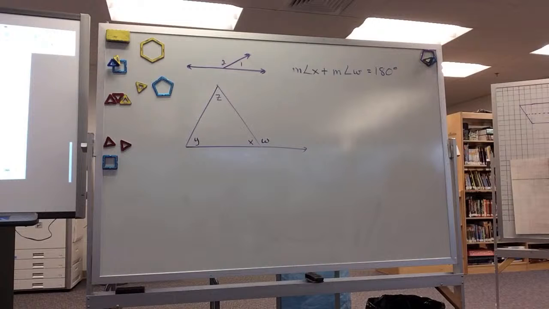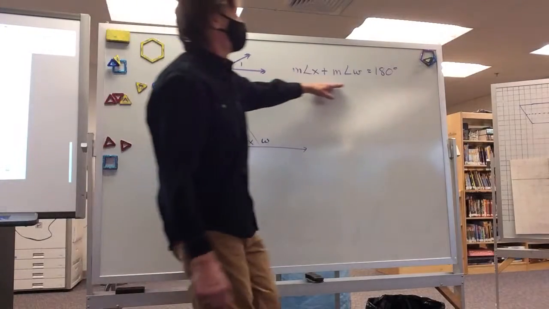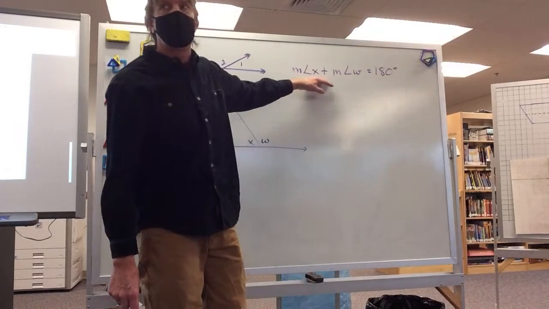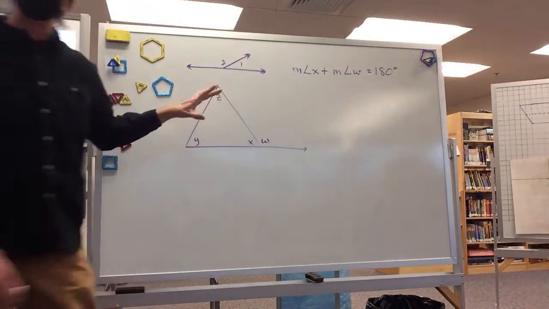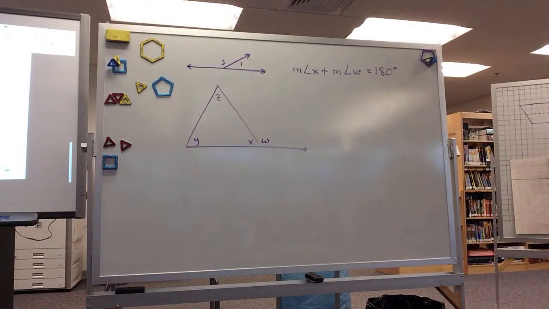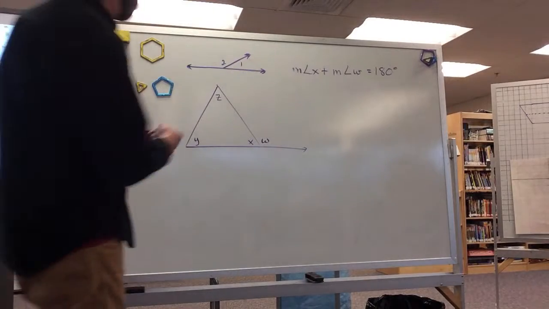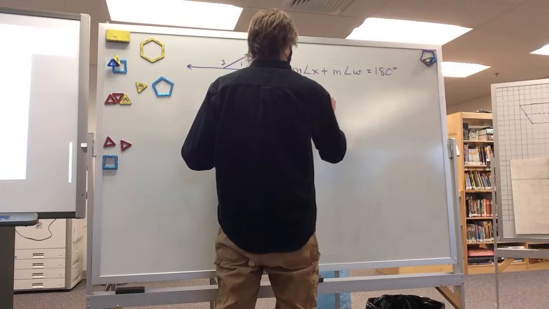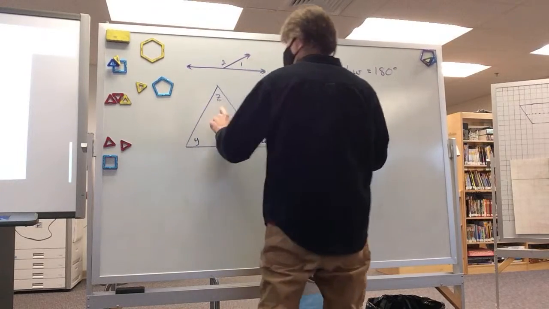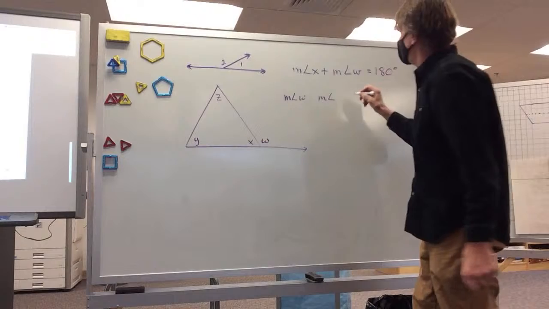This, I think, is important in pulling together what they're asking for in question 14, I guess it is. Because in question 14, they're talking about the measure of angle W, the measure of angle Z and Y, is that correct? Yes. Okay.